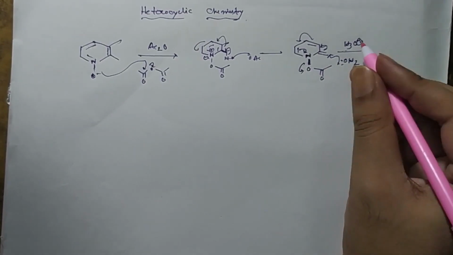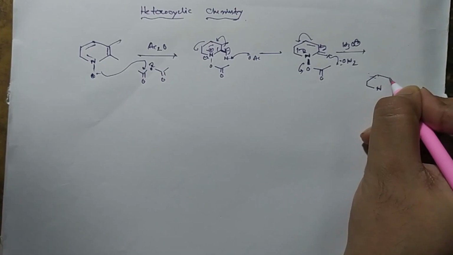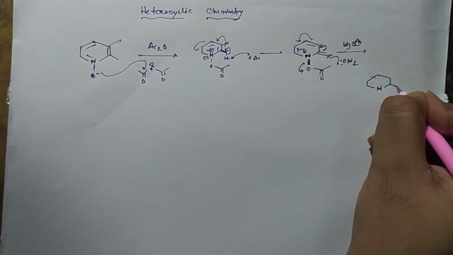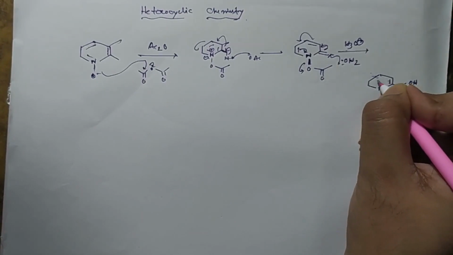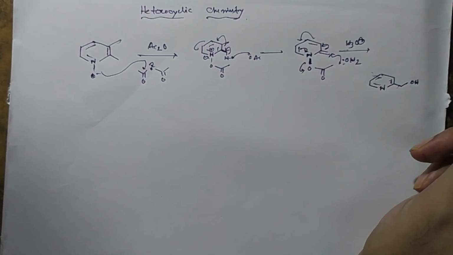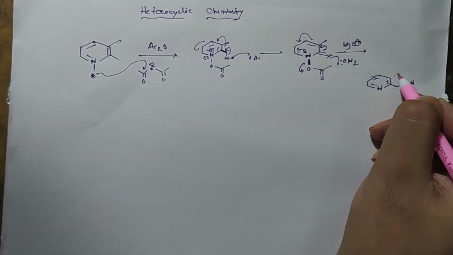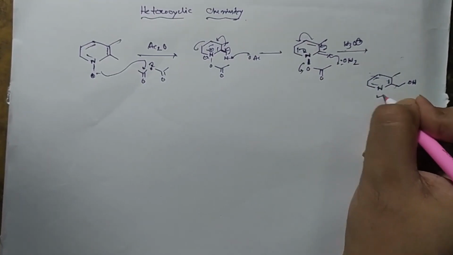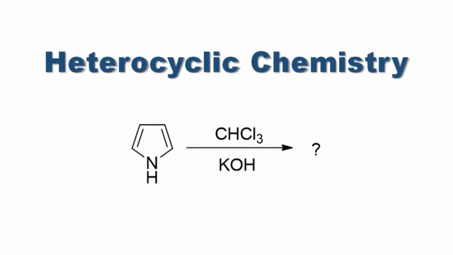So we get this as a product. Sorry, there is a methyl. So this will be the product. This has appeared previously many times in exams. This is also a very common question.